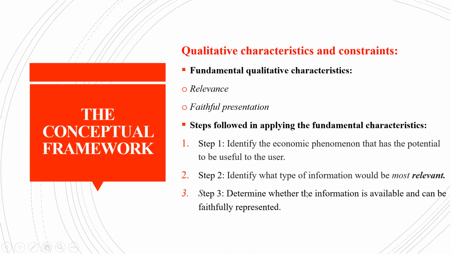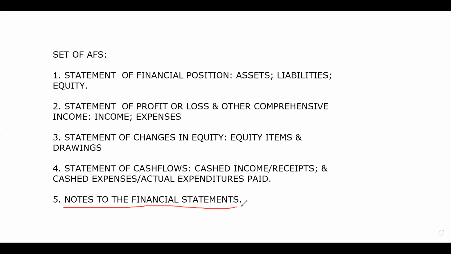Then lastly, determine whether the information is available and can be faithfully presented. It has to be available. What does this mean? If the user wants to verify, for example, your assets, are they able to trace back to the supporting information in the form of financial statements?